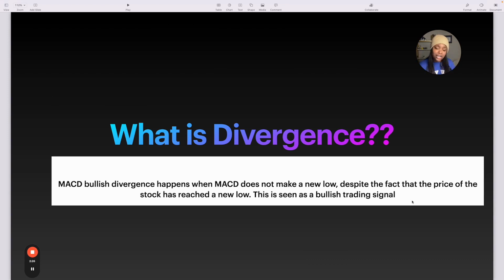If you here, there, and everywhere, baby, stay up out that trade. Stay up out that trade. Okay? But y'all can see the definition here. I'm going to tell you in my terms, in my words. When we see MACD divergence, if it is bearish MACD divergence, the price is going to be making higher highs, but MACD will be making lower highs.